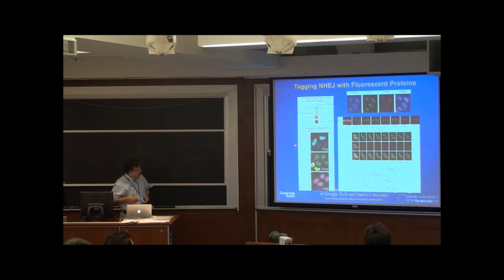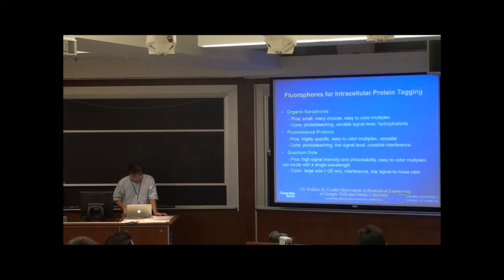In this case, for NHEJ, we use ECFP to tag 53BP1, YFP to tag XRCC4, and mCherry to tag Ku80, to visualize when those components assemble into the protein machine, how quickly they assemble and how quickly they disassemble. So just to show you one example.